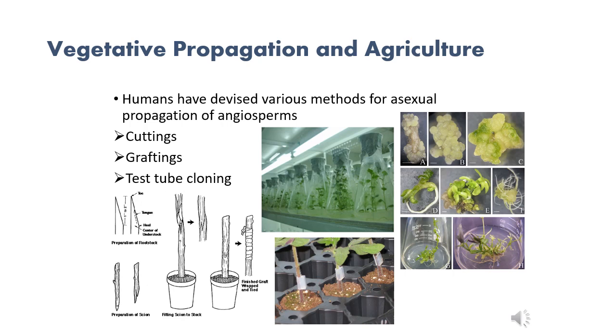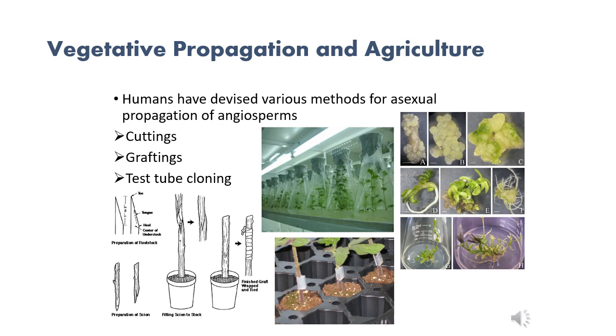Grafting means you take a stem from a plant A, join it to the stem of plant B, and then wrap it with plastic, and it becomes one plant. So this is called grafting. There are many ways of doing that.